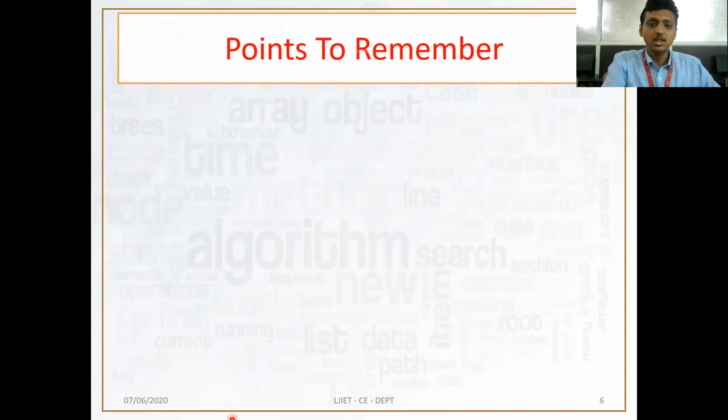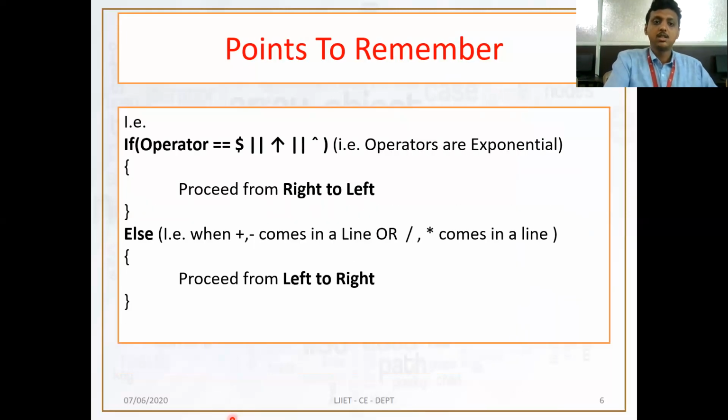So let's start, students. Another point to remember. Whatever I told you previously, I just converted into C-type code so you can easily understand. If the operators are dollar, arrow or caret, which are exponential operators, then please proceed from right to left.